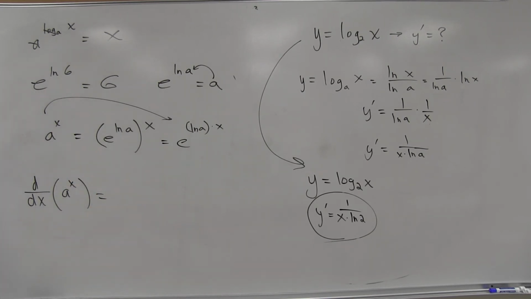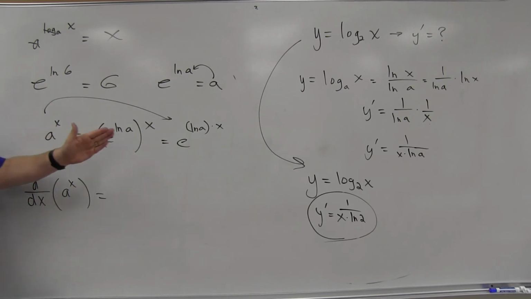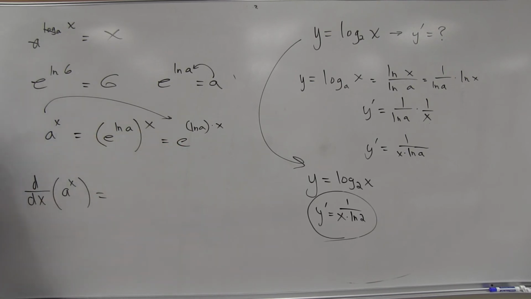Back when we started our talk, we said the derivative of a to the x was a to the x times some constant, right? I'm going to show you what the constant is by a little process, because I don't know what that is, but I do know how to differentiate the derivative of an e to a power. That's just chain rule.